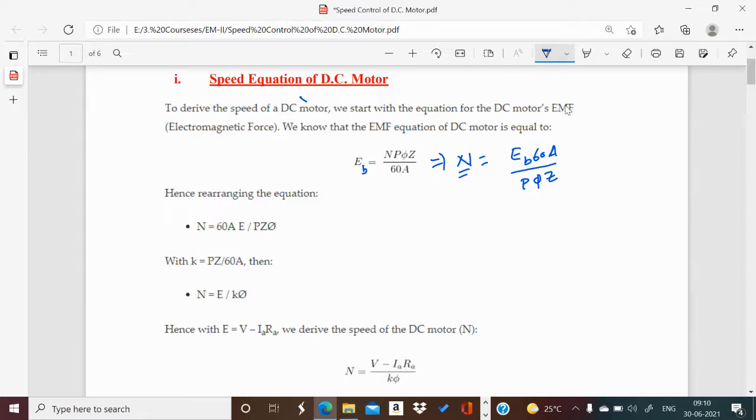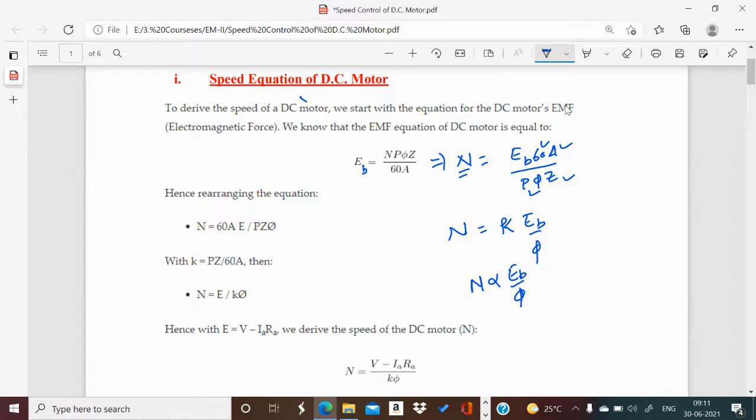From that, 60 is constant, A is constant, the number of poles on a motor is constant, Z is constant, then simply N can be written as K, some constant, times EB divided by flux. Or simply we can say that speed is directly proportional to back EMF and inversely proportional to flux.